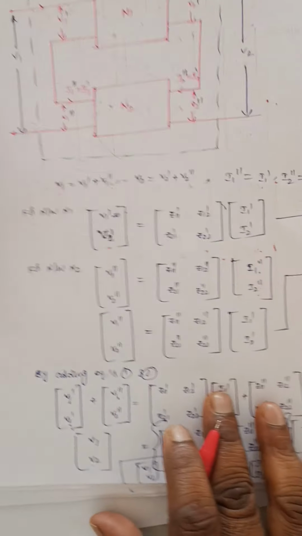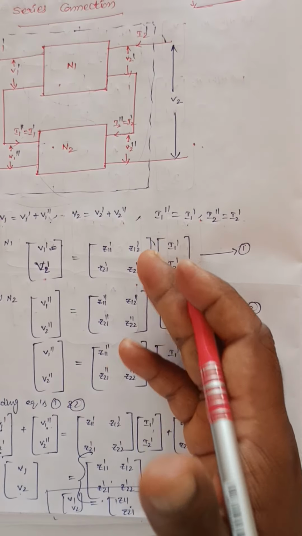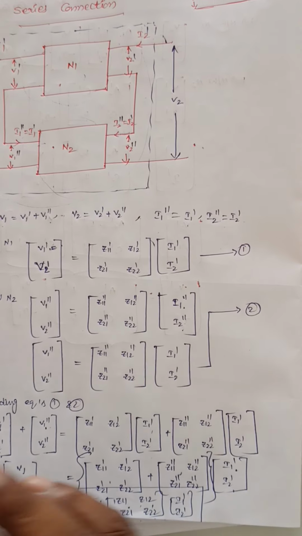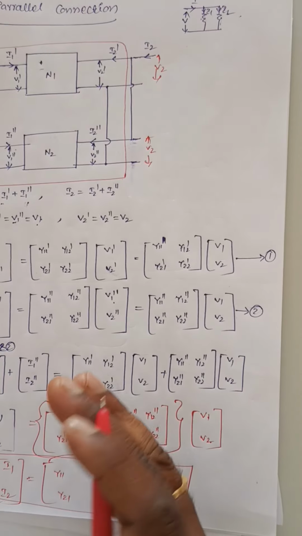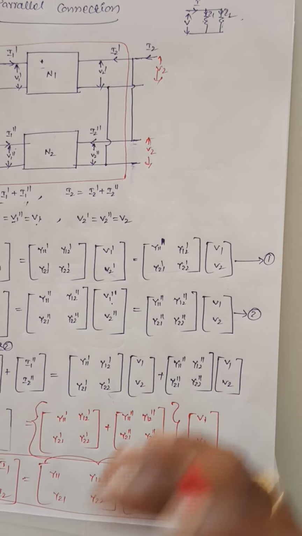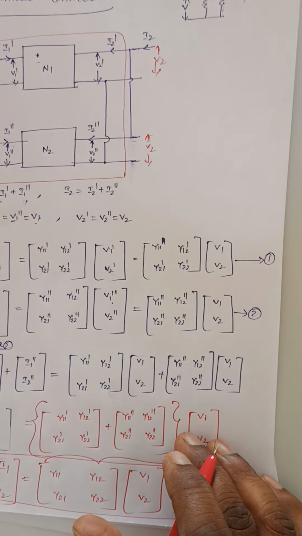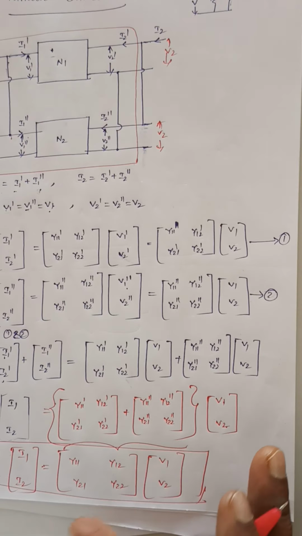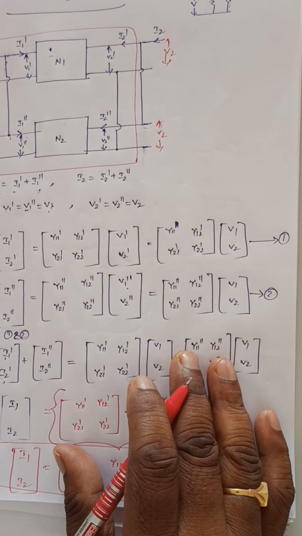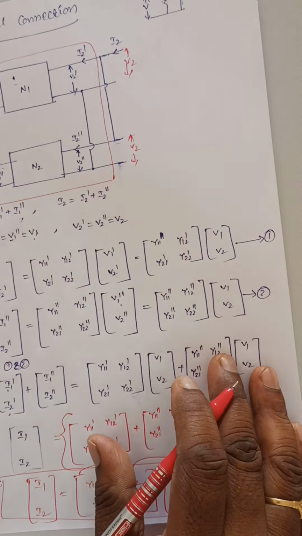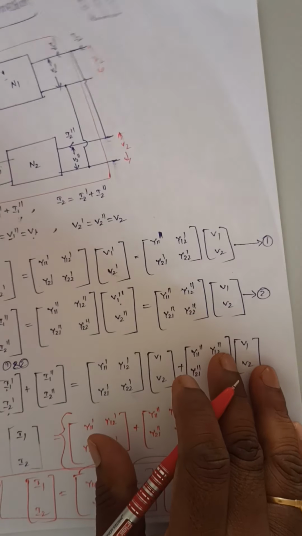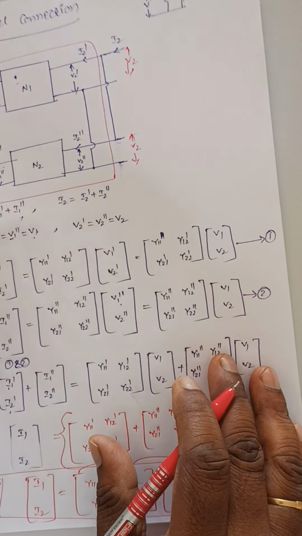In case of series connection, by adding the Z parameters of N1 with the Z parameters of N2, we can get the equivalent Z parameters for the combination of those networks. But in case of parallel connection, Y parameters need to be added to get the equivalent Y parameters. Okay, so this is about series, parallel, cascade connection of these networks. Next class I will explain the parallel-series combination and series-parallel combination. Okay, right.